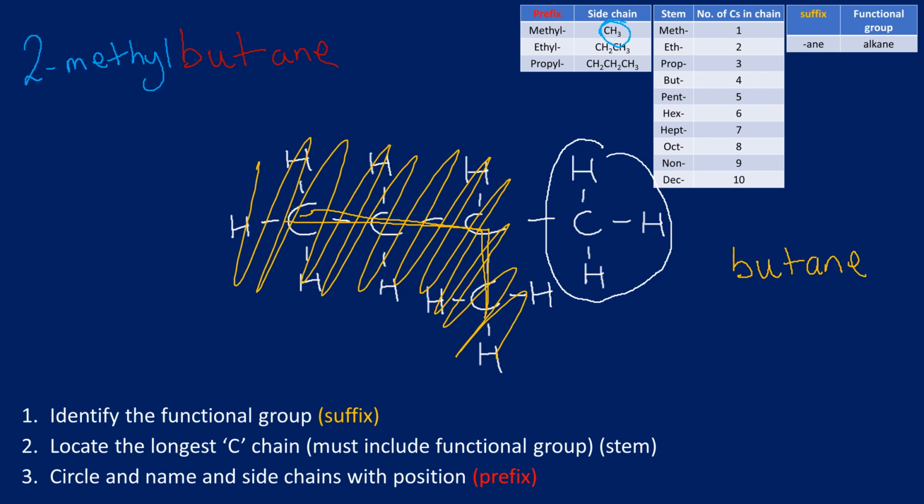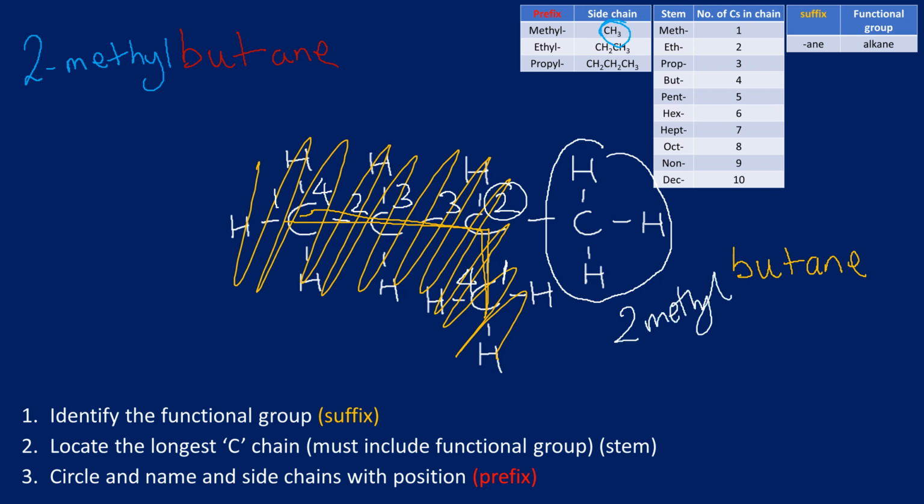Let's check the numbers. Now I have to go with the lowest number, so it's 2. 2-methyl butane, which is the exact same name as I got for the red chain.